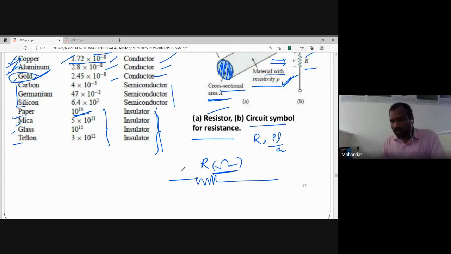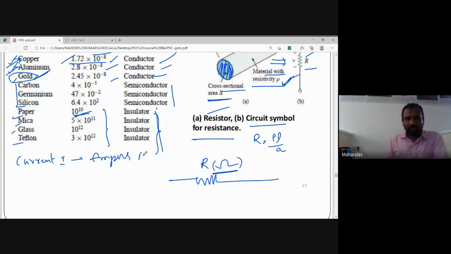So, in concluding, today we discussed current, the flow of electrons, which is denoted as the current I. Units are amperes. Next, we discussed voltage, V. Units are volts. How to define a voltage?